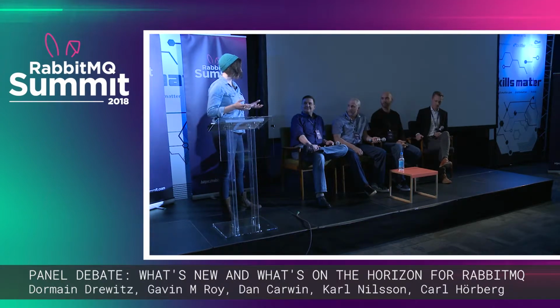Okay, well, we clearly have a lot of diversity in our star signs on the panel, so we'll go with that. So the first question, this comes up a lot with folks initially wrapping their heads around RabbitMQ, is understanding the use cases for it.